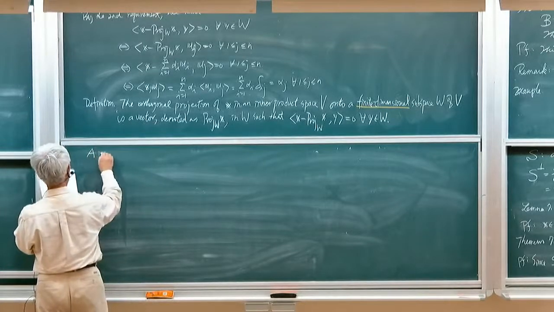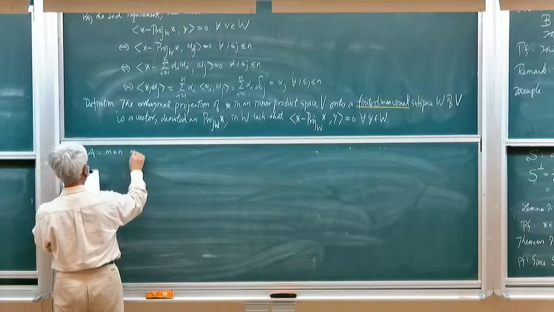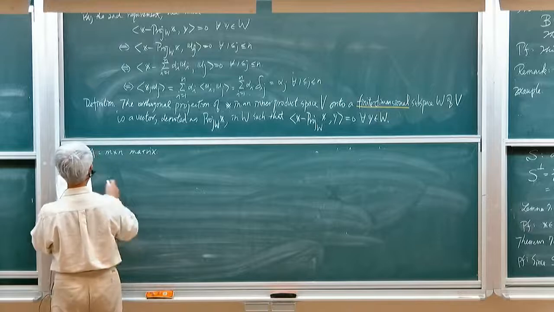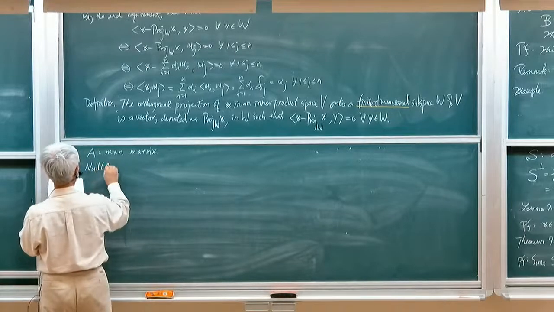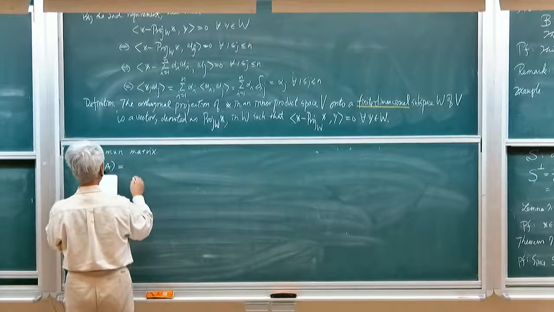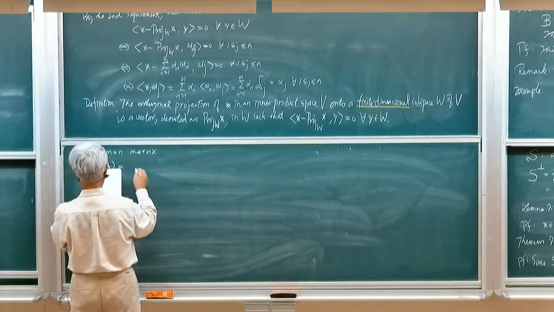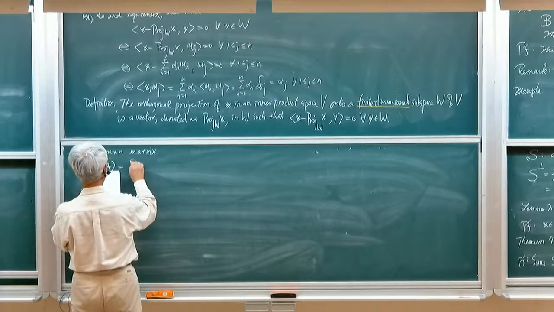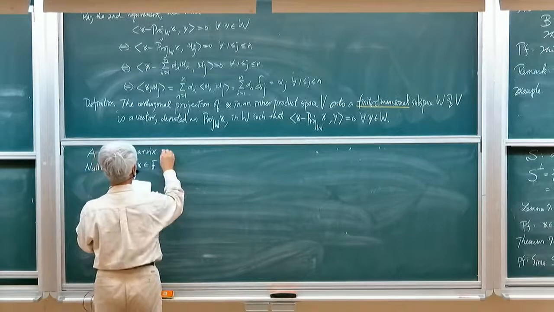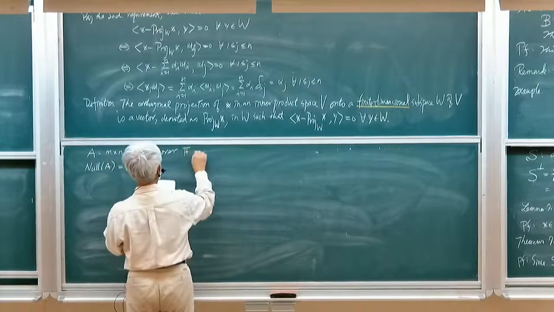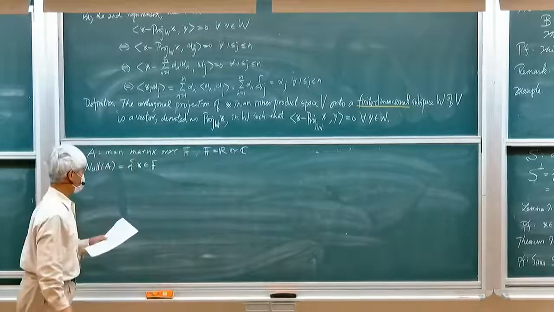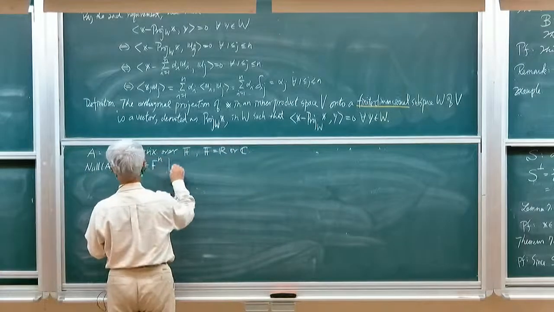All right, so we consider here A is an M times N matrix. Okay, and the null space of A is the set of all x in F^n such that Ax equals 0. So the matrix can be real or complex, anyway.